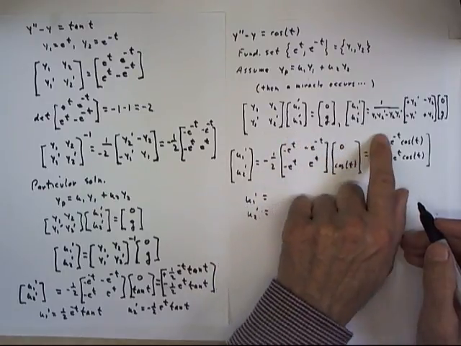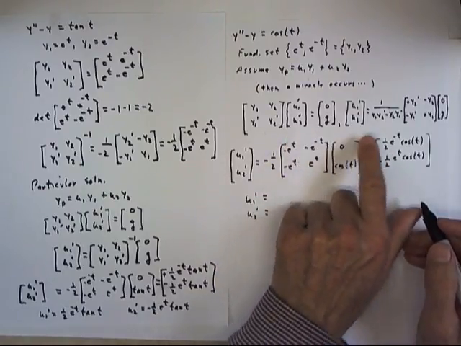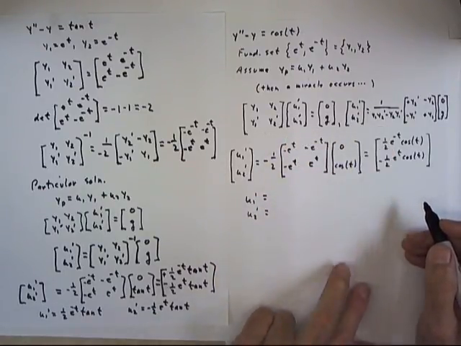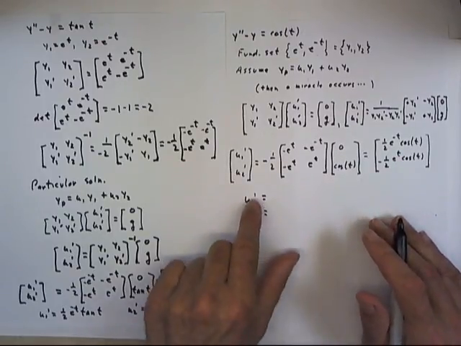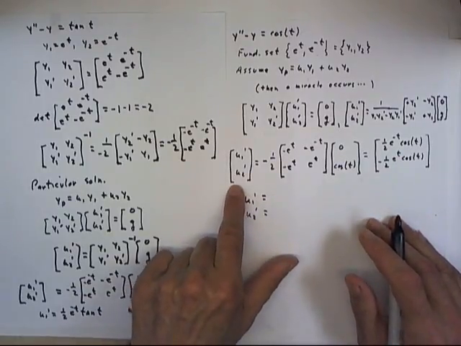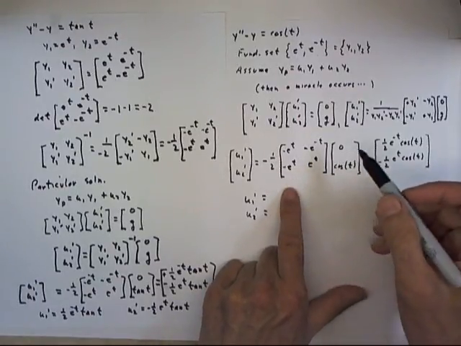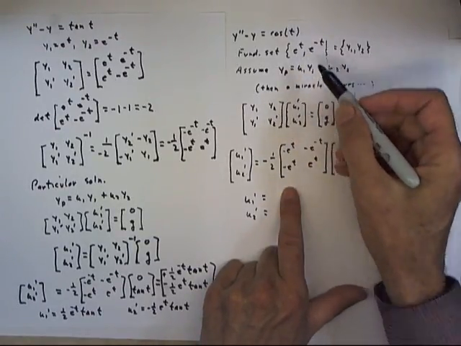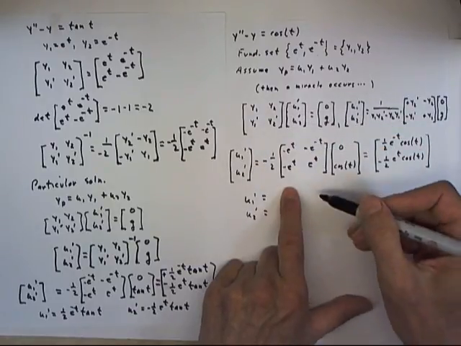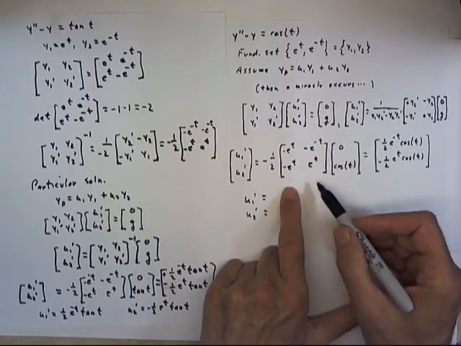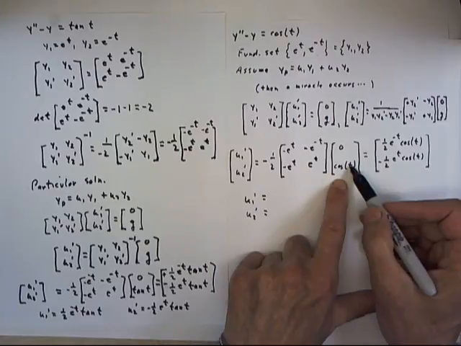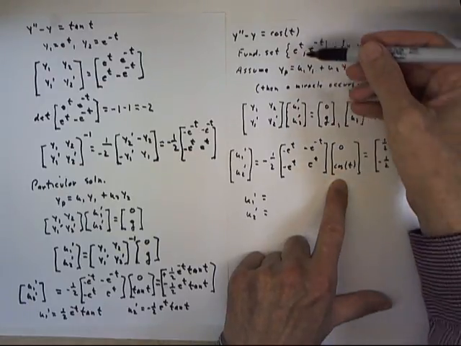This equation is solved by inverting the matrix in the way that we saw previously, so that we end up with u1 prime, u2 prime equal to the inverse of our fundamental matrix, our Wronskian matrix actually, multiplied by the 0, g function, g being the cosine of t.